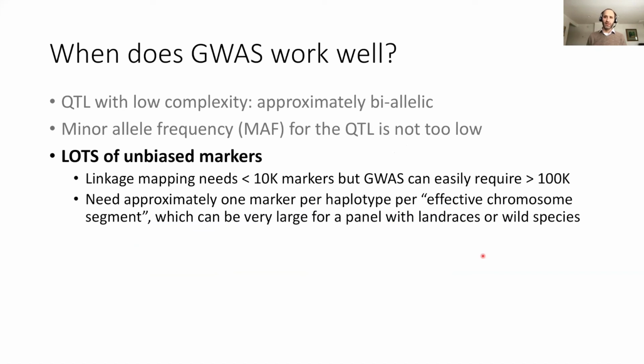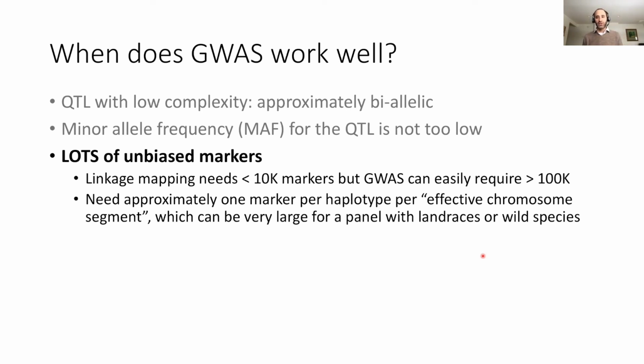And then lastly, lots of unbiased markers. Ideally you would have about one marker per haplotype in your data set per effective chromosome segment, meaning it's sort of statistically independent, right? And what that number is depends on how you've constructed your panel. But if you have, for example, a very diverse panel with landraces or wild species, you're easily talking in the hundreds of thousands of markers that you would need.